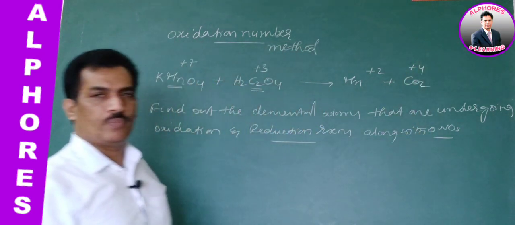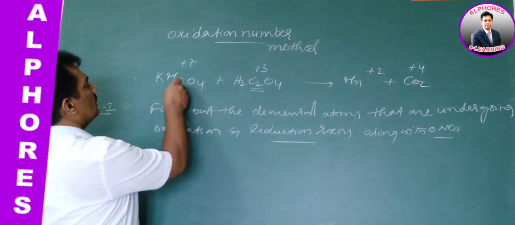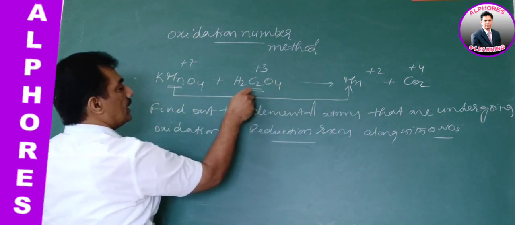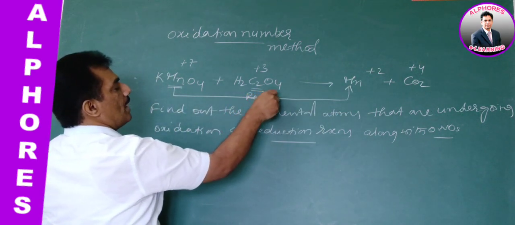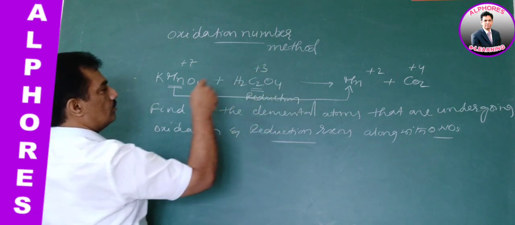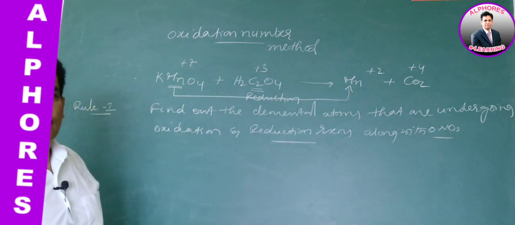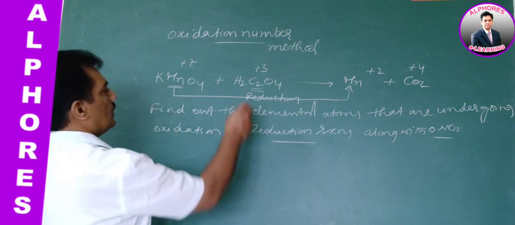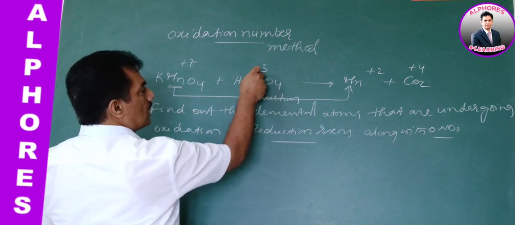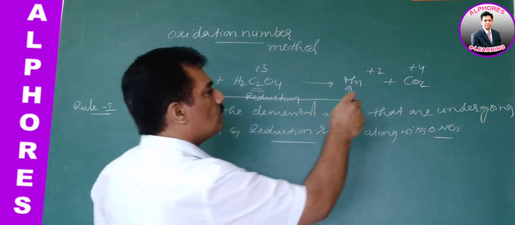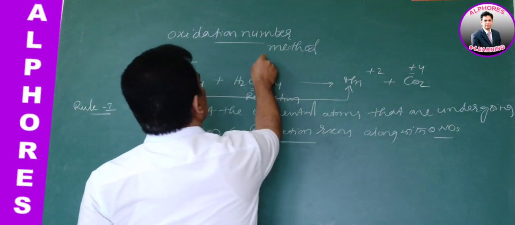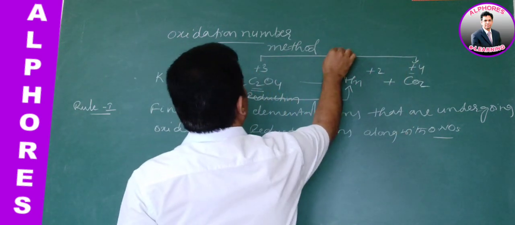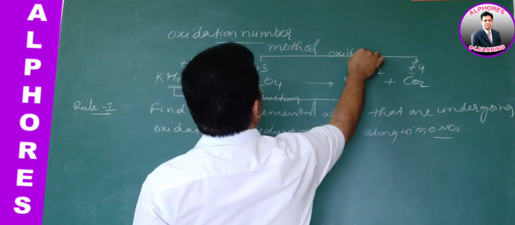Now simply you can observe that manganese is undergoing reduction, because from +7 to +2 the oxidation state decreases. And in the case of oxalic acid, carbon goes from +3 to +4, it is increasing, thereby it is oxidation.